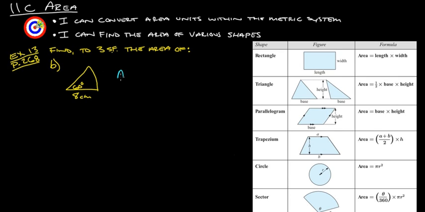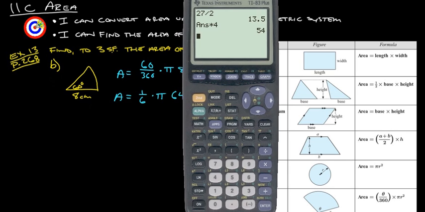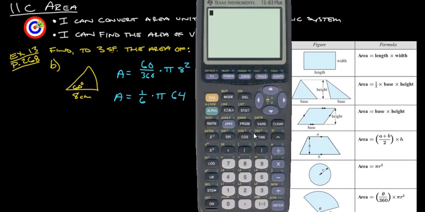So in this case here, we have 60 over 360 times pi times the radius, which is 8 squared, right? So if you simplify this here, the 60 over 360 reduces down to 1/6, and this here would be 1/6 of a full circle. Okay, multiply that by pi times 64, and let's see what we get.